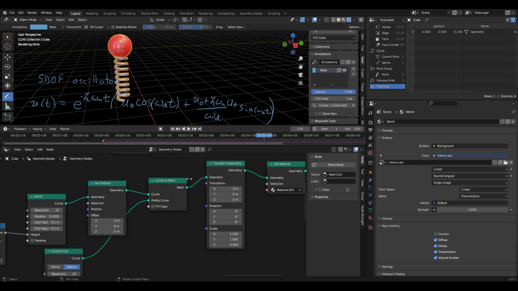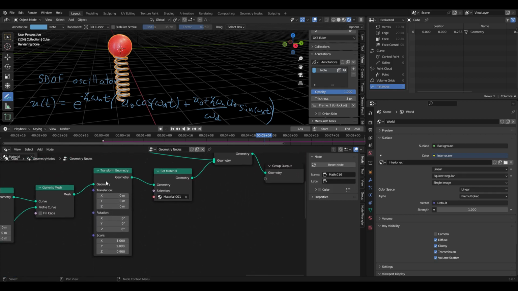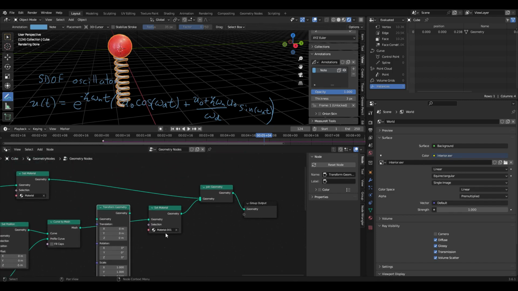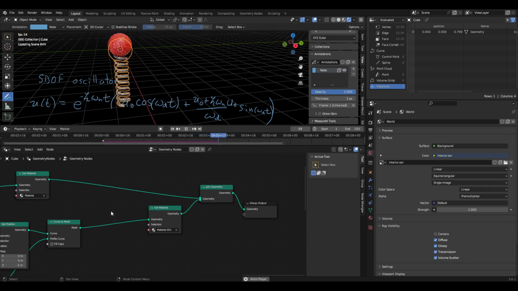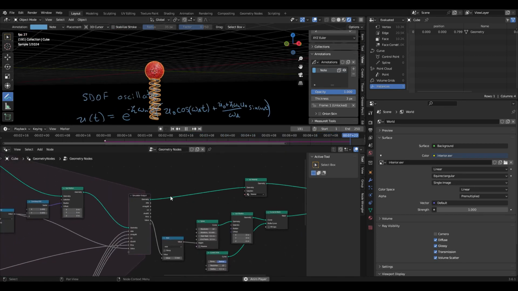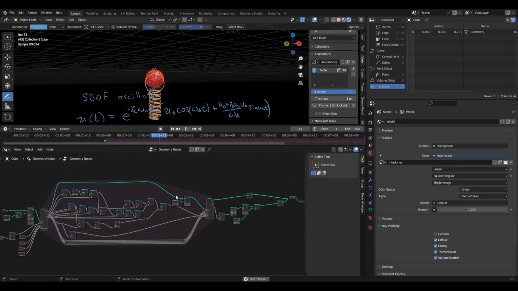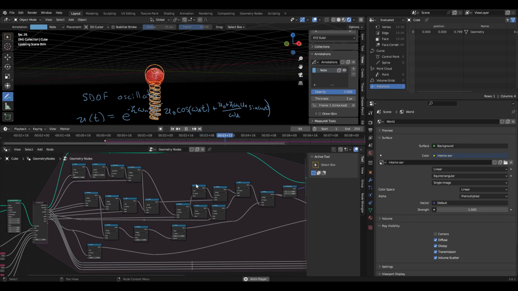Did a transformation there, and then set some materials, and I think the transformation I really didn't do anything there. So then I set some materials. One's a shiny red ball, and then the other's a metallic spring. And then I set it up to run, and you can see it oscillates. There's the equation there. And that's kind of it.